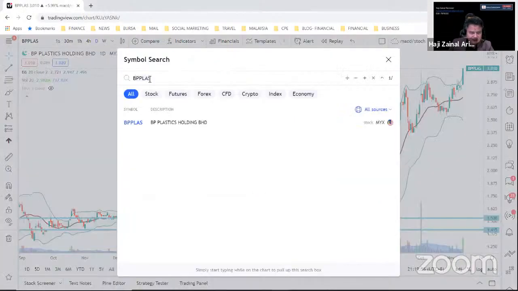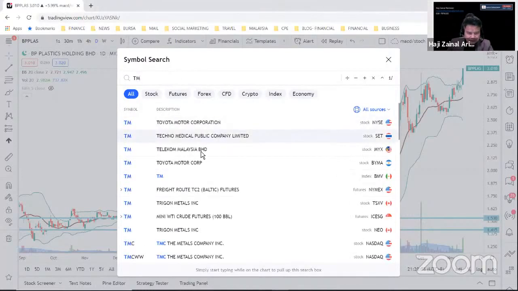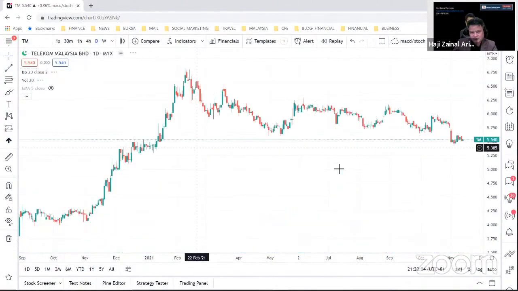What counter to look at? This B Plastic is not a good example, because you need a counter that is a telecom. Is it telecom?